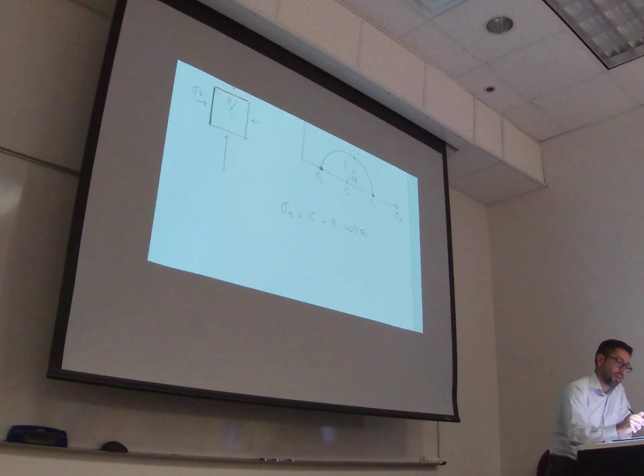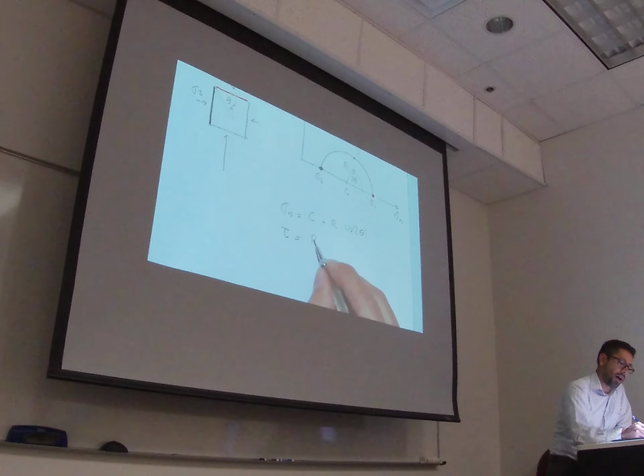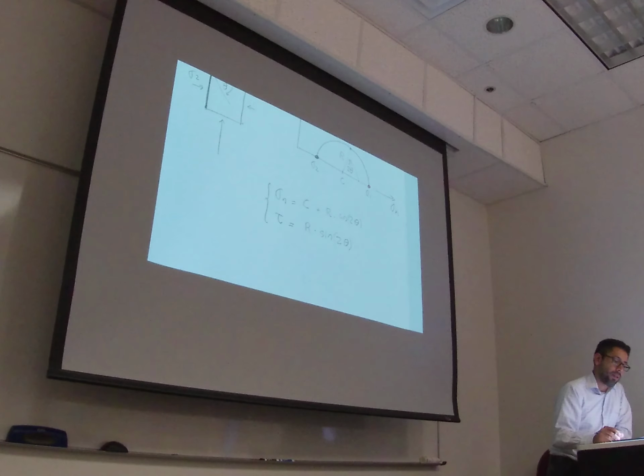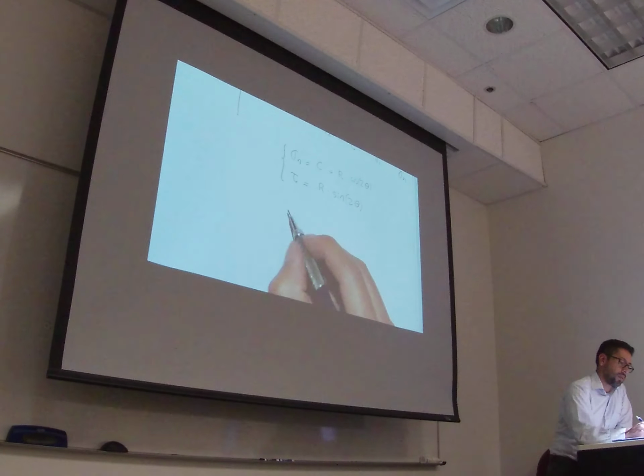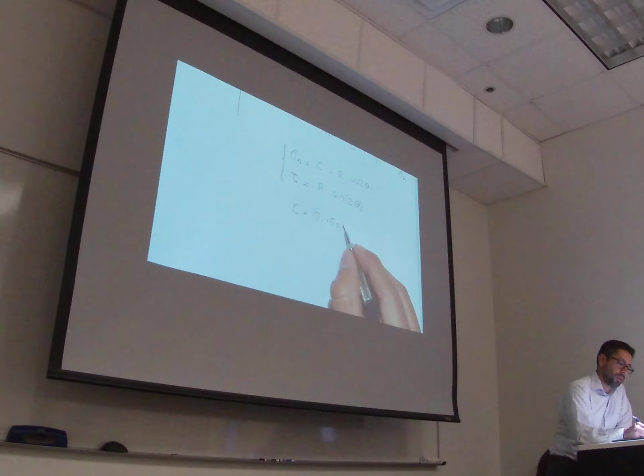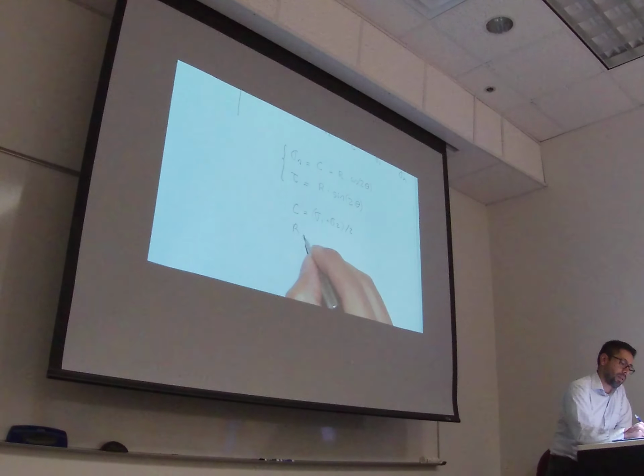And that's it. And tau is going to be just R times the sine of 2 theta. Again, where C is equal to sigma 1 plus sigma 2 divided by 2, and R is equal to sigma 1 minus sigma 2 divided by 2.